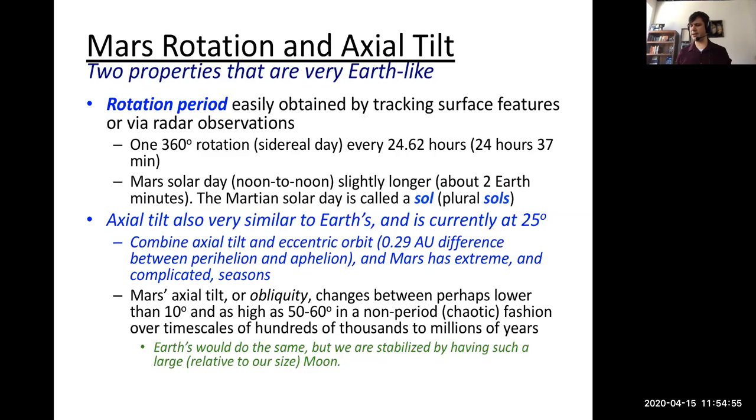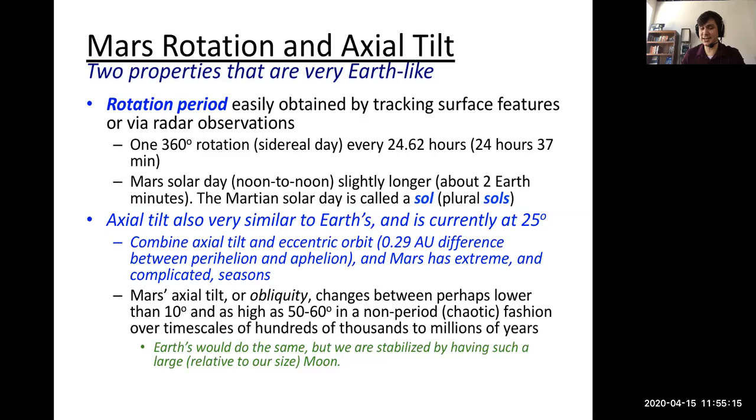So Mars is going to have seasons due to an axial tilt. But Mars also has a high eccentricity of about 0.1, and its perihelion and aphelion distances are significant enough where they too cause seasons. So we have two things that are causing seasons on Mars.